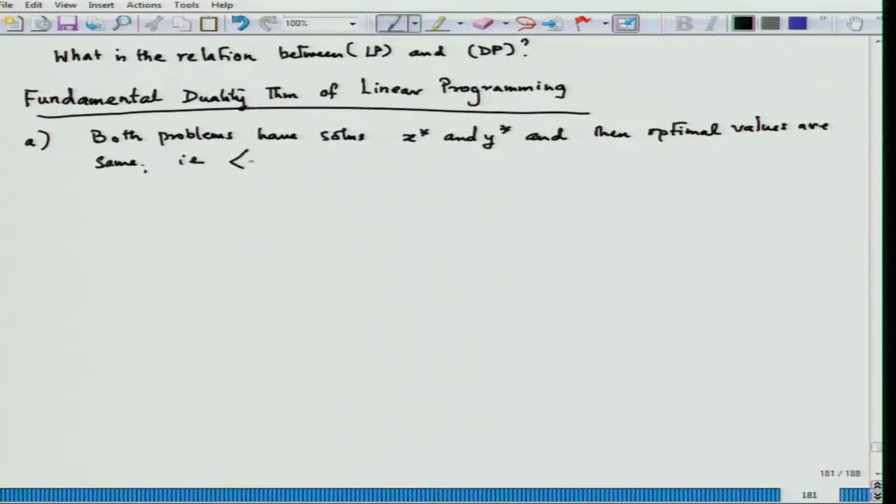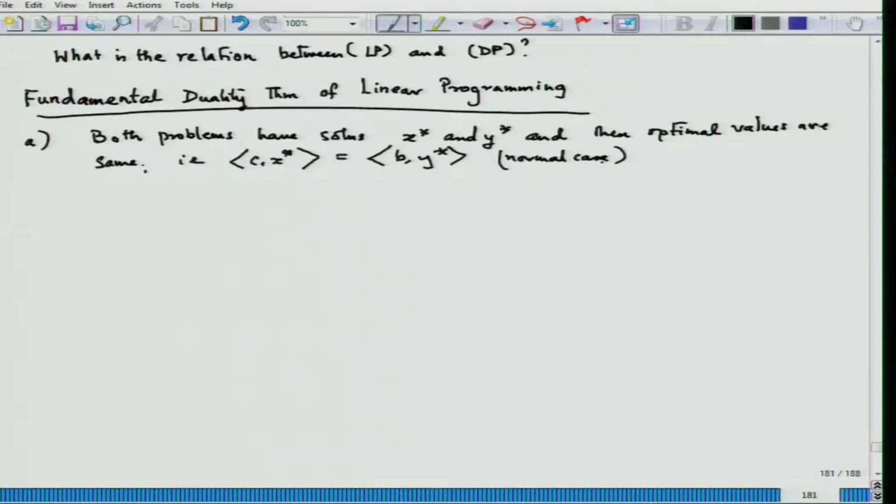That is, x star is the primal solution, y star is the dual solution. I understand that you know by now that x star is the primal variable and y star is the dual variable. This is obvious and I do not want to make a special remark about it. So, this is equal to the minimum value of the primal equals the maximum value of the dual. Some authors would like to refer to this as the normal case.